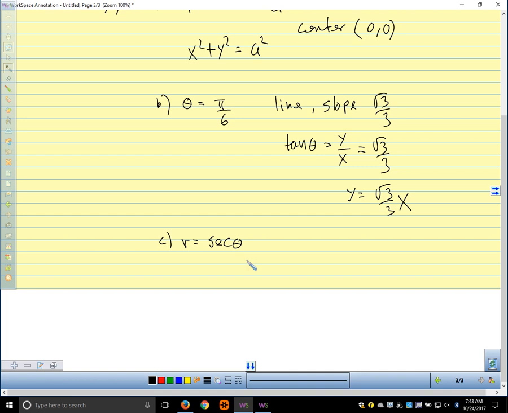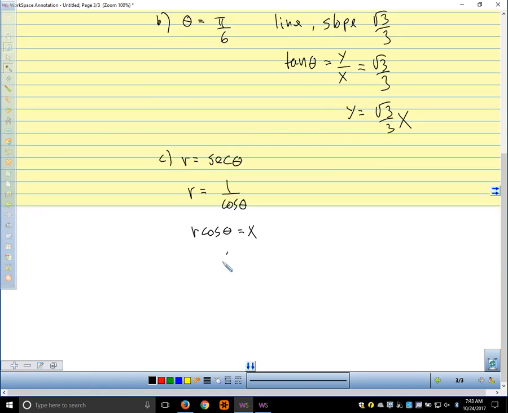So this is r equals 1 over cosine theta, and then we can multiply across: r cosine theta equals 1. So x equals 1. Sorry, that should be 1, I was thinking one step ahead. r cosine theta equals 1, so x equals 1. So that is a vertical line.